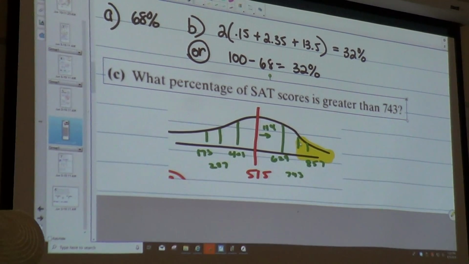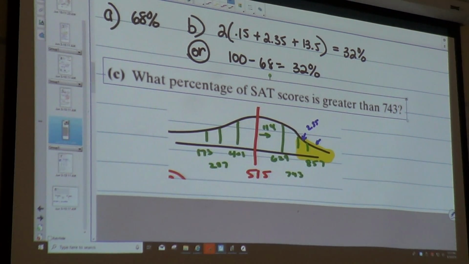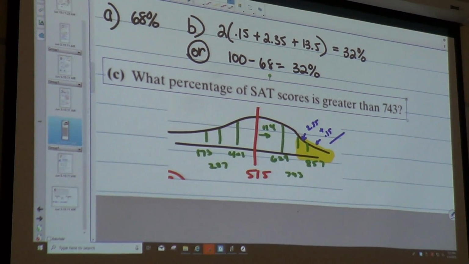So, did you just take the numbers inside? Okay, so he did the numbers inside, and if you want to memorize that for the test, this one is 2.35 and this one is 0.15. So he added those together and got the 2.5%. Just memorize those little sections.